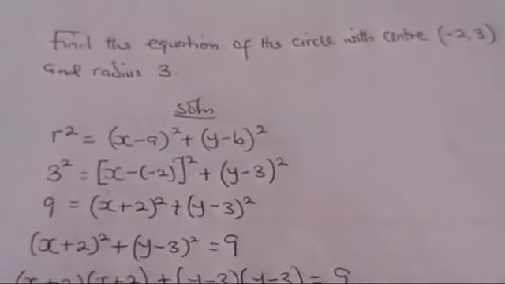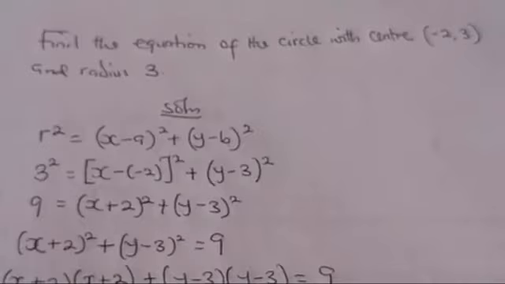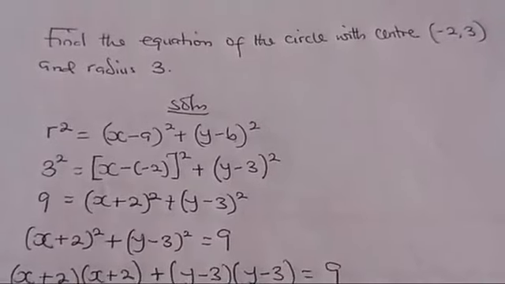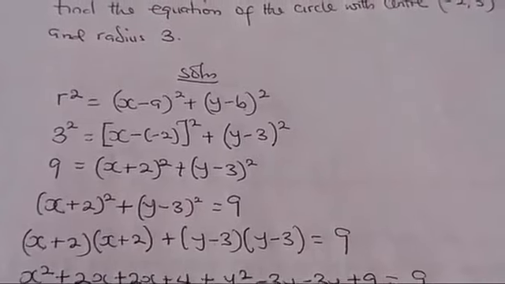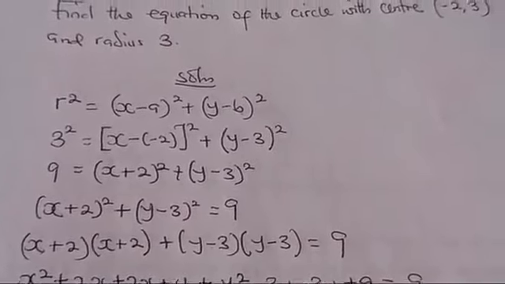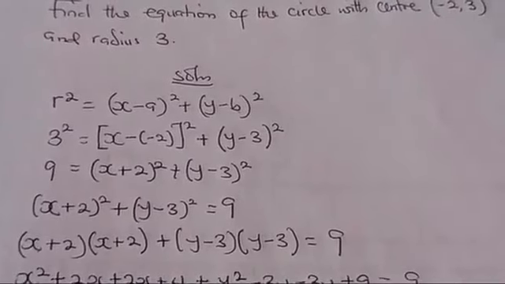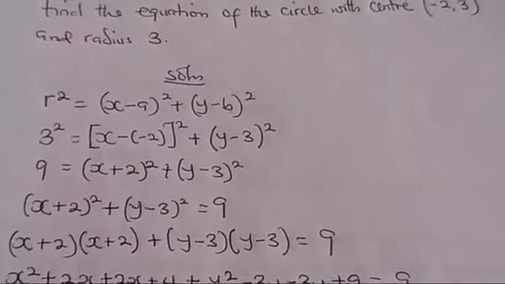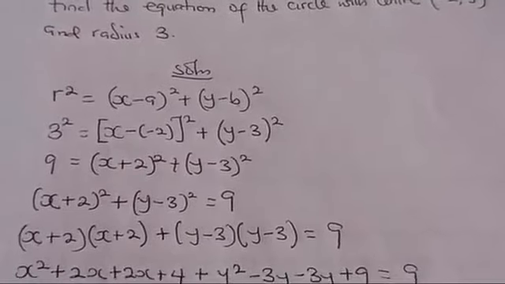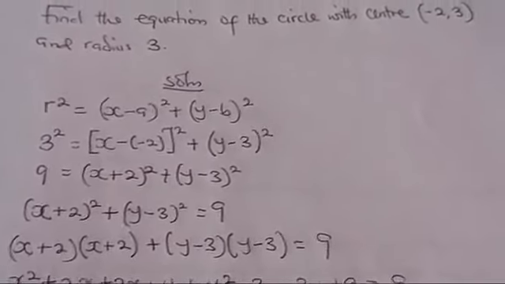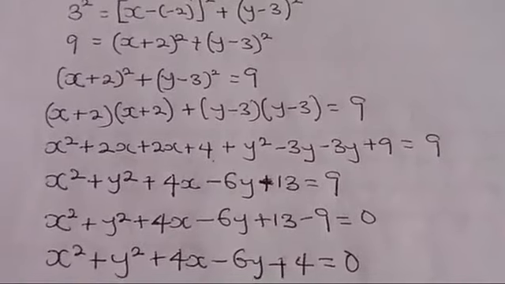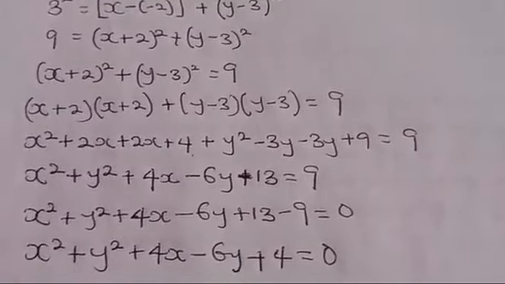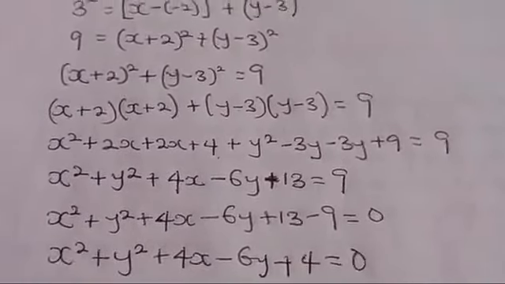This is how to find the equation of a circle when the center of that circle and its radius is given. You first come up with that formula, r squared equal to (x minus a) squared plus (y minus b) squared. Then you substitute appropriately into the formula and you will be able to arrive at this final point. Let's solve another example.